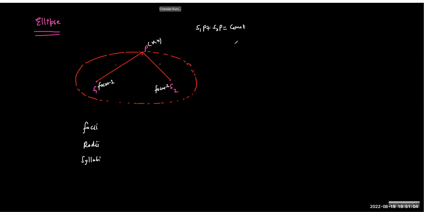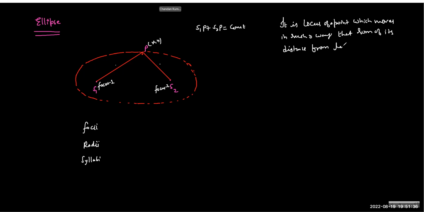So how to put this into words? It is the locus of a point which moves in such a way that the sum of its distances from two fixed points remains constant.